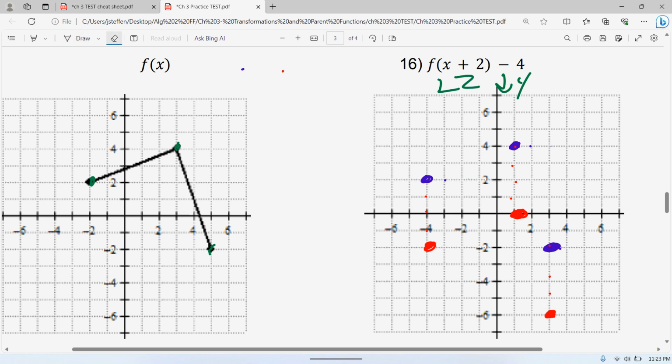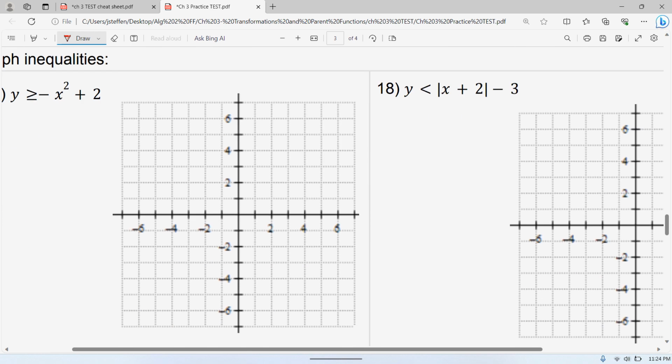Everything up 2. The order does matter here. If you accidentally went up first and then reflected, it might be a little different. I'm going to be lenient on that for this one.